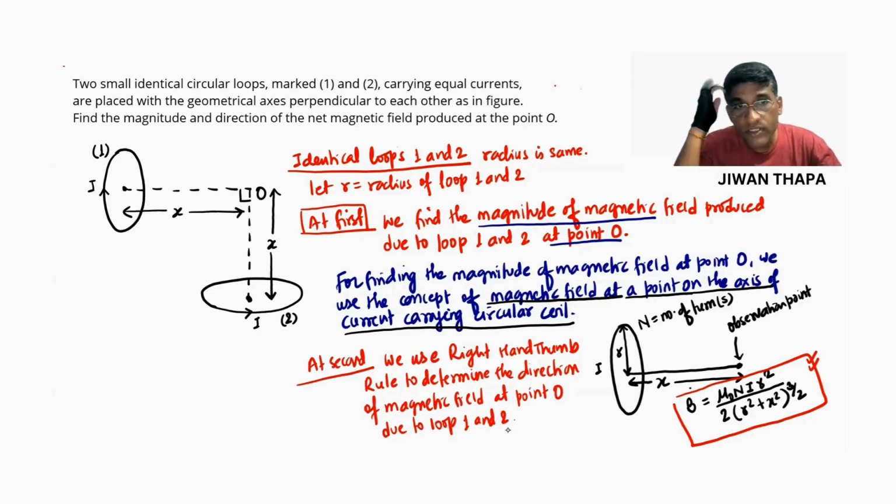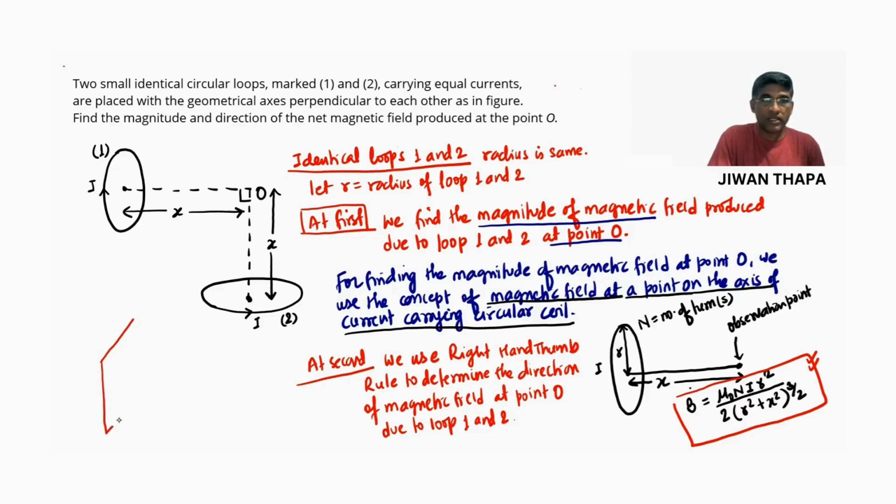Now, let us first determine the direction of magnetic field. We can see from the question, loop 1 is in vertical plane. So I'm drawing in this way. Loop 1 is in vertical plane and loop 2 is in horizontal plane.